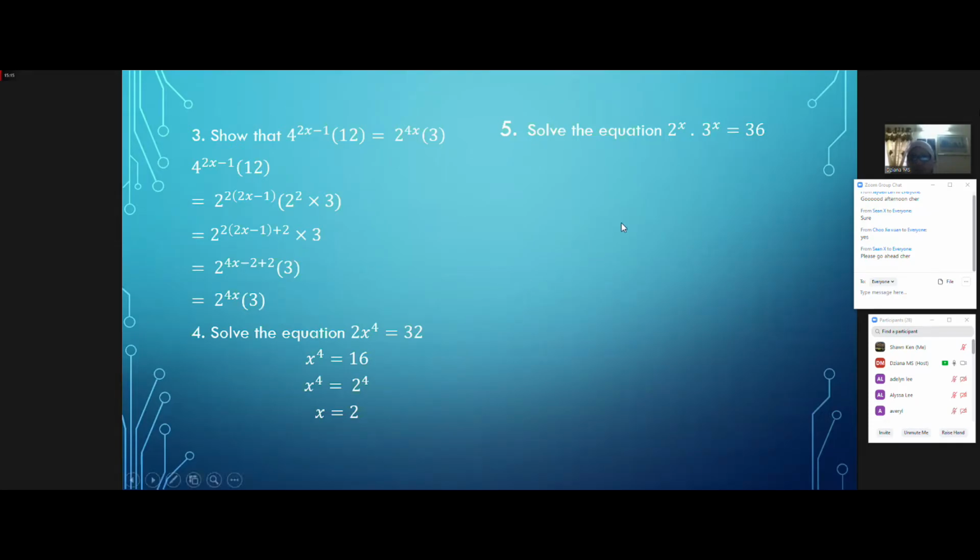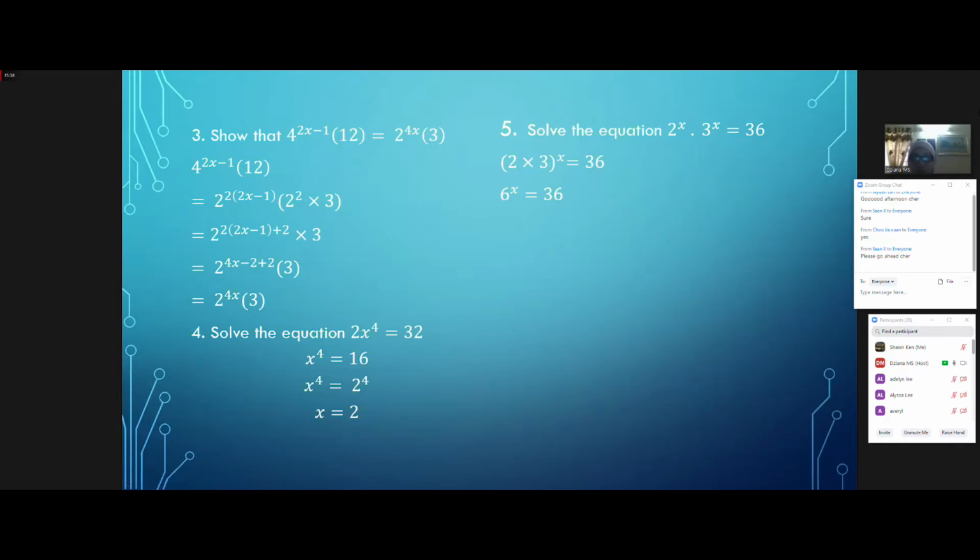No? All right. So this one, since the index is the same, you can just combine the numbers. So 2 times 3 in bracket power of x because they have the same index. So equals to 36. So solve the one inside the bracket. So 6 power of x equals 36.